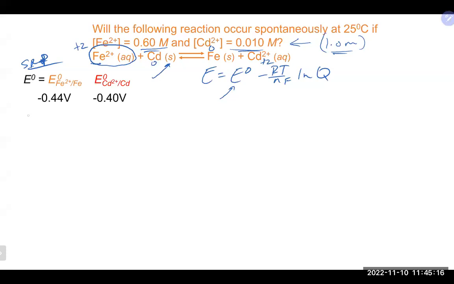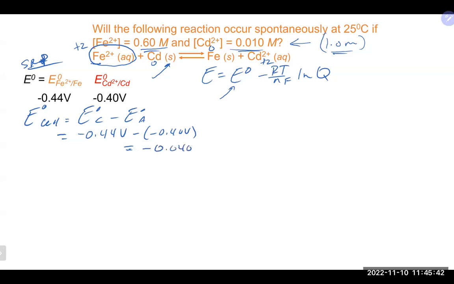In this case, I'm just going to subtract, so I'm not going to change any signs. E of the cathode minus E of the anode. Our cathode here is the iron, which would be minus 0.44 volts minus a minus 0.4 volts, going to give us minus 0.04 volts here.